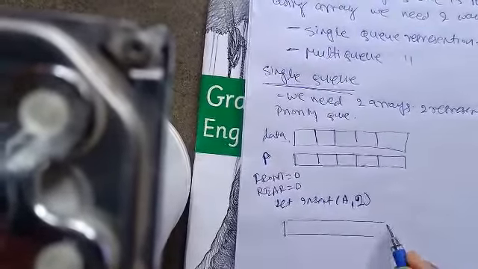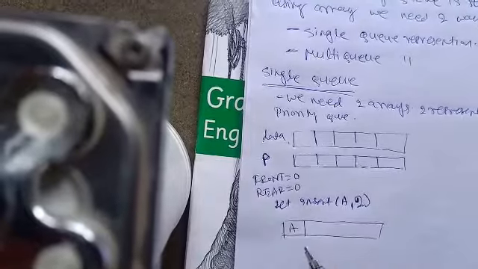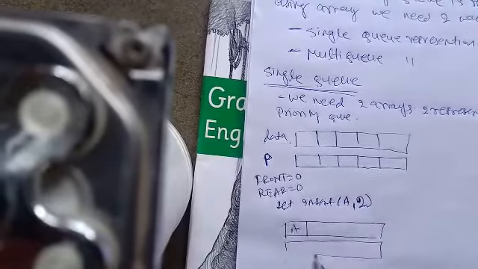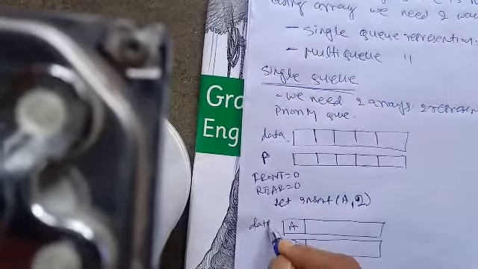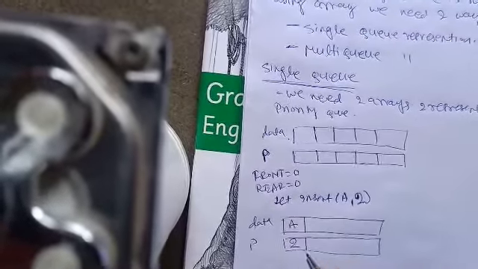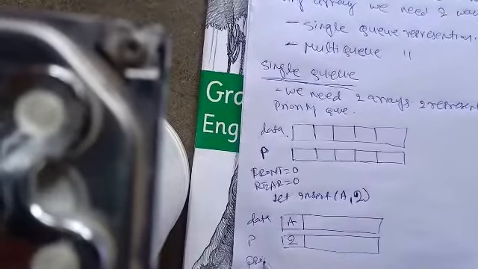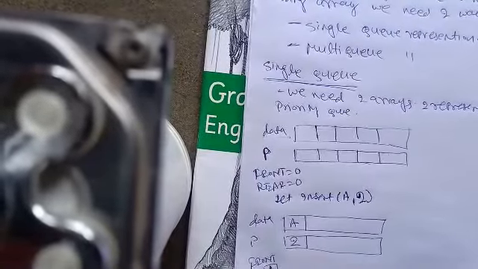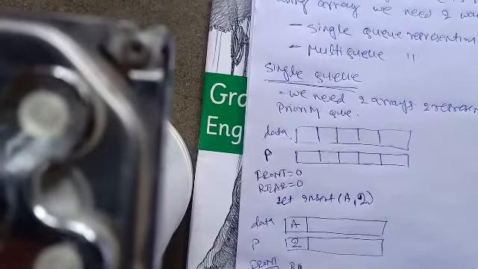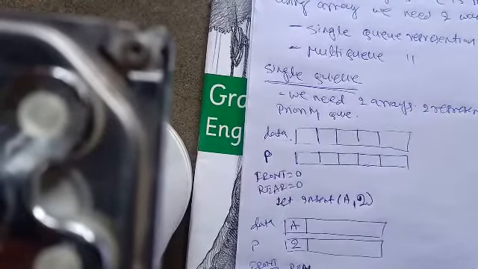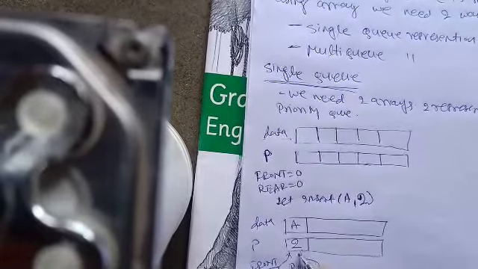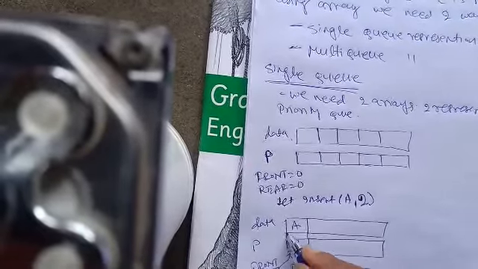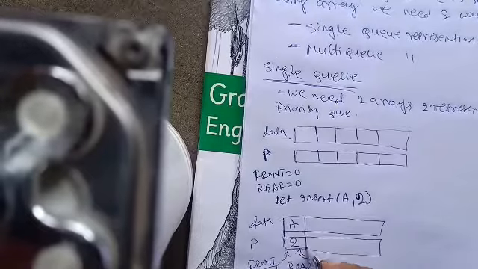The data array will contain A, and its corresponding priority array value will contain 2. So this is called data, this is called priority value, and the value of front will be 1, and the value of rear will also be 1, so that both rear and front point to the same location.